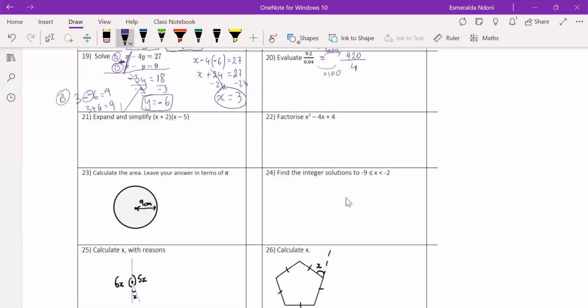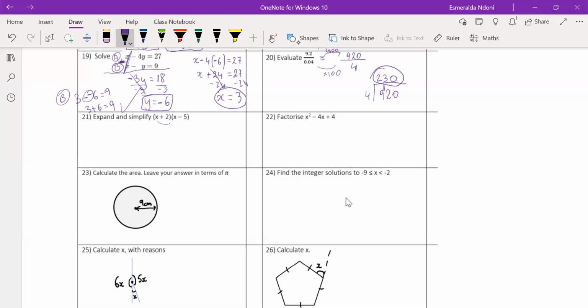And that will be 920 divided by 4. From here, we need a bus stop method. 4 into 9 is twice with a remainder of 1. 4 into 12 is 3 times with no remainder, and 4 into 0 is 0. So answer 230.